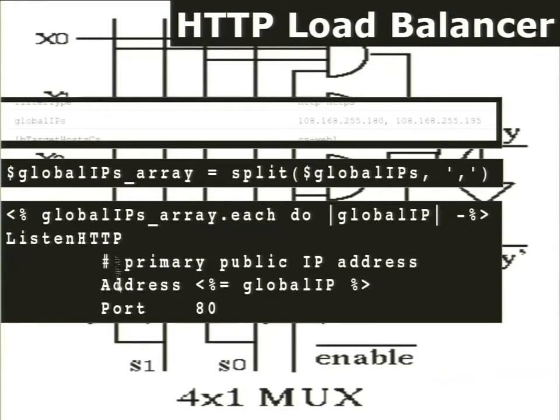So this is just a snippet. There's a lot more than this. Basically, this is an HTTP listener for the load balancer, where we take a value from the array and then generate the listening address and some other configuration that I'm not showing here.